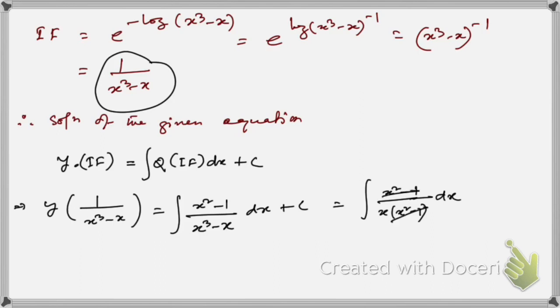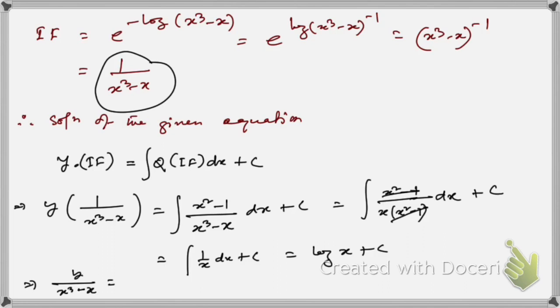Now this cancels, so we have integration of 1 by x dx plus c, which is nothing but log x plus c. So our solution is y by x cube minus x is equal to log of x plus c. So this is our required solution of the given differential equation. So hope you have understood this.